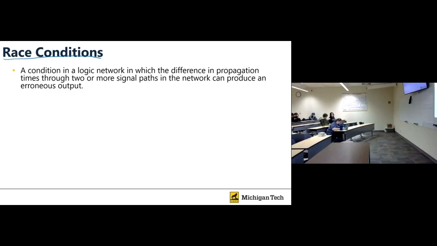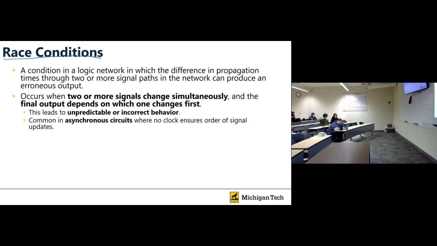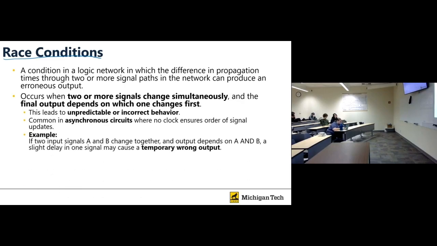If this propagation time is not the same, the output changes for a very short time, which makes problems for the system. I had one example there, and there is another example here.